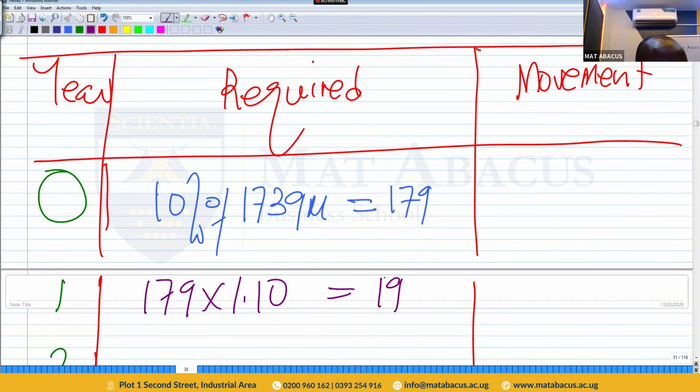Sorry, this is not right. When I check and round off, I will have 174. So this is 174. And when you increase, you will get 191 here.